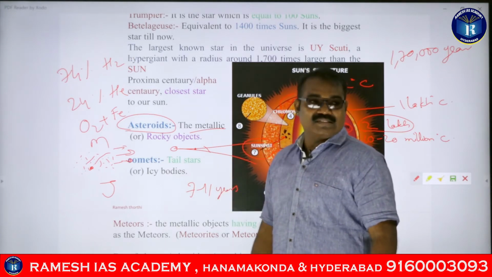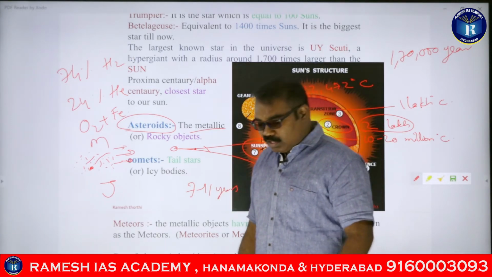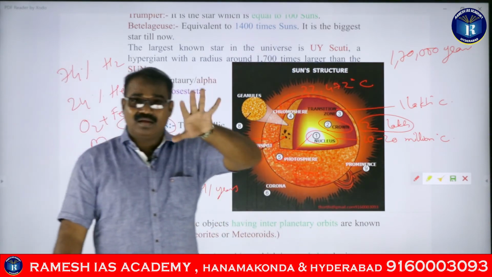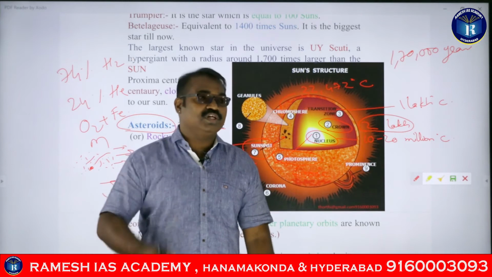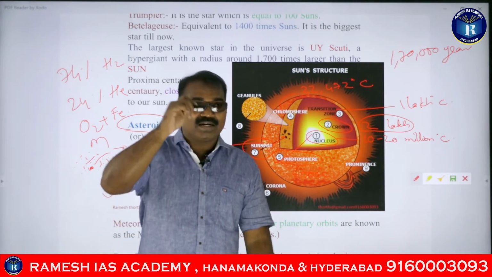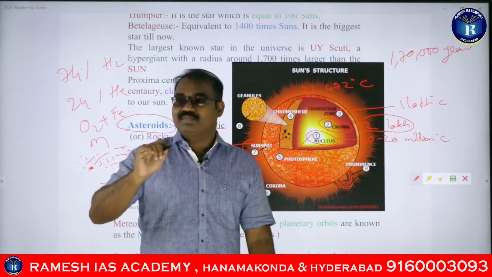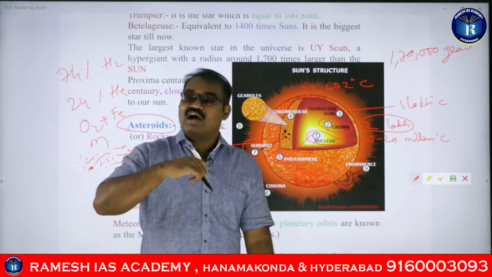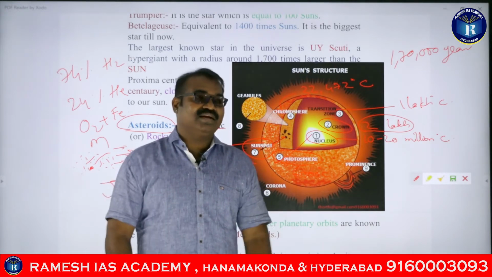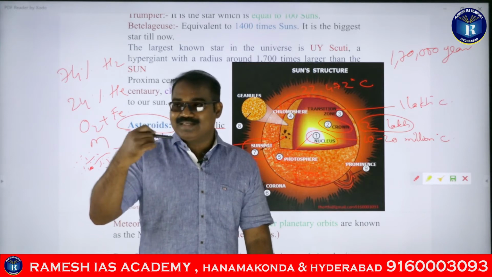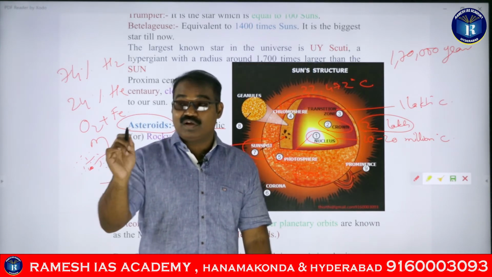Okay. So, when we talk about distances in the universe, guys, we say astronomical units. Whenever distances are measured within our solar system, we call them astronomical units. Away from the solar system we call them light years.